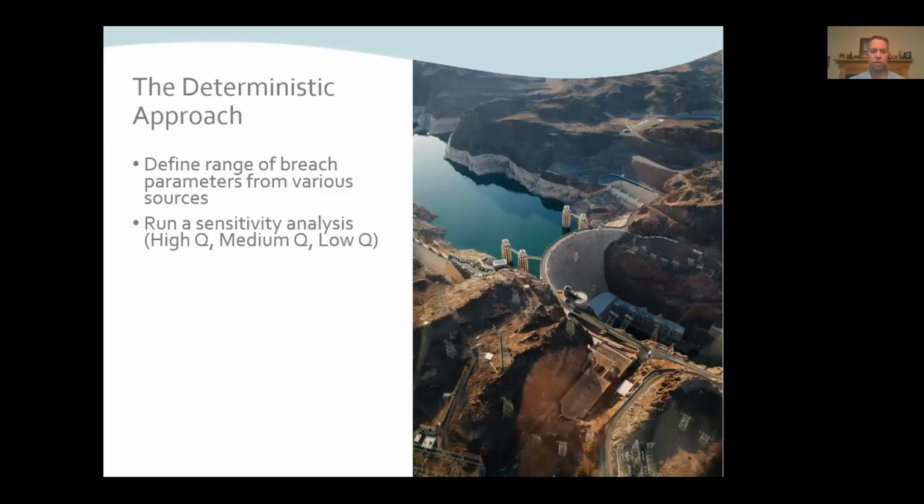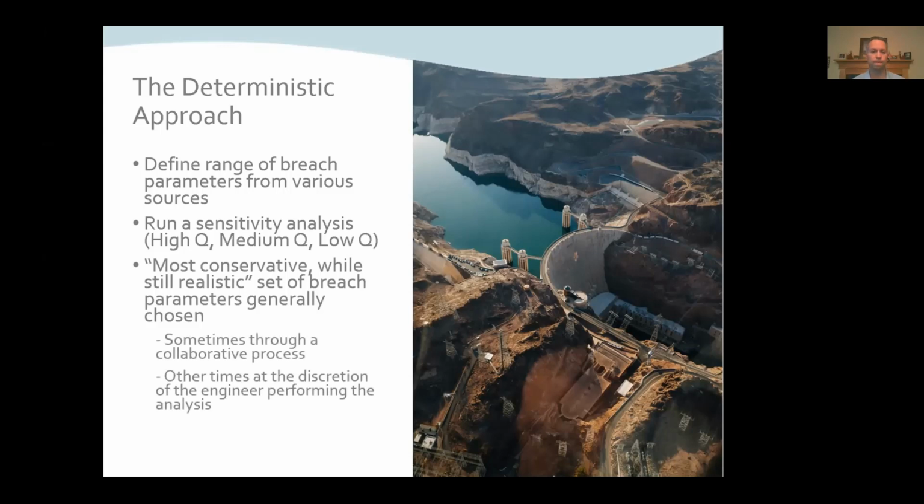That's our sensitivity analysis, but typically we'll just use the high Q set, if that can fit this definition, which is the most conservative while still realistic set of breach parameters. This is language that's actually used here in the United States to guide us in how we select our breach parameters.